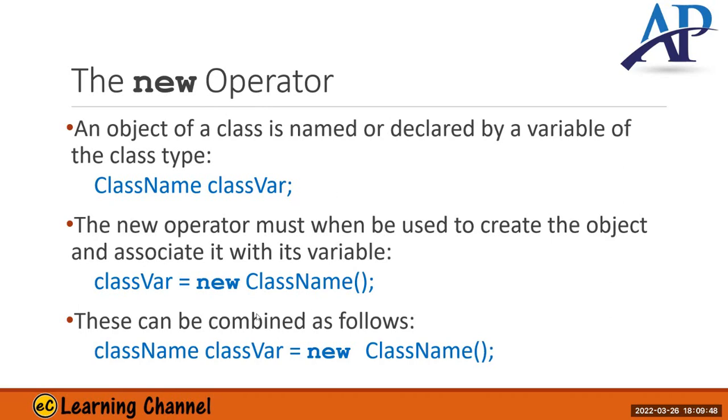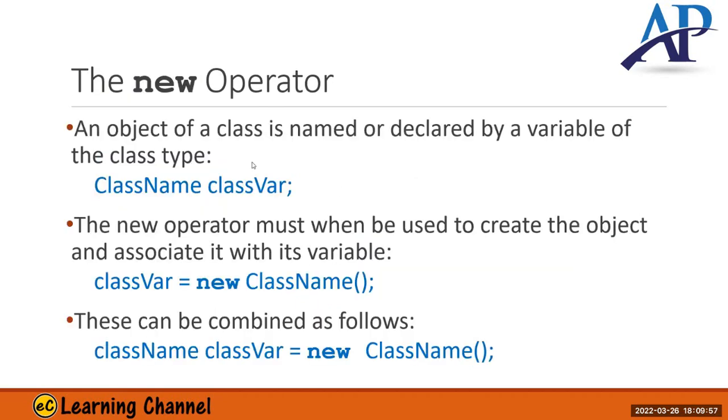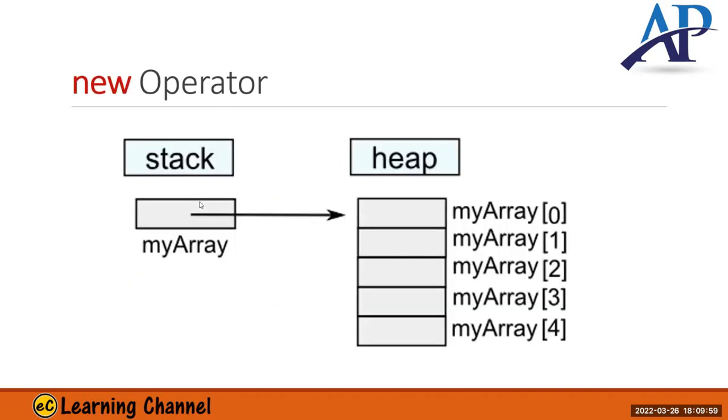So here you use a class name and new class, you will create an object and assign it to the reference data type. But in an array, when you do new, it will allocate in the heap the number of elements.